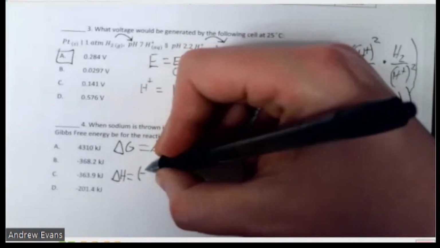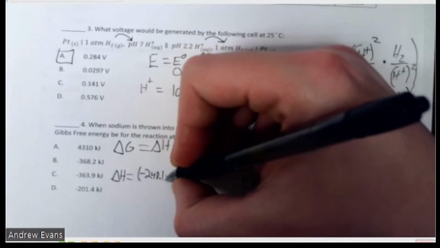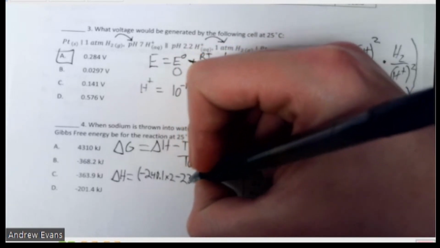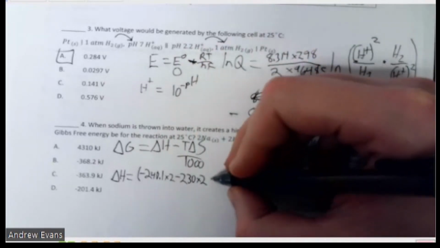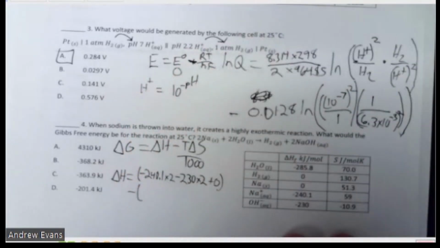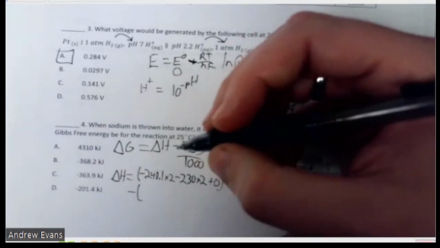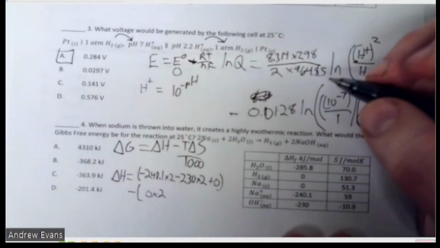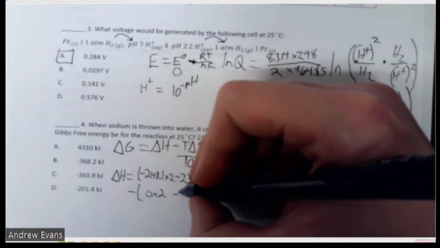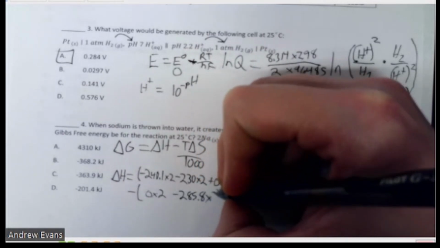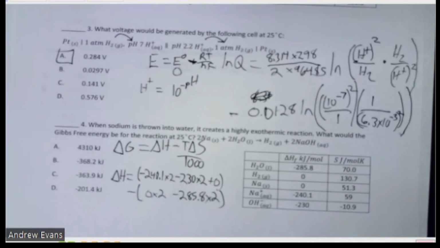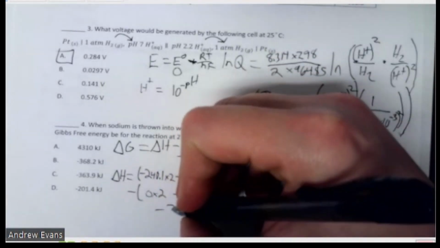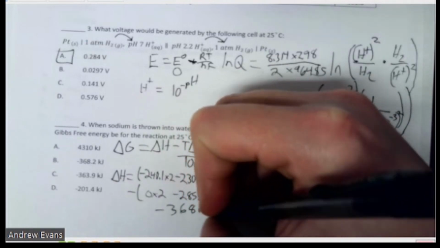So negative 240.1 times 2 minus 230 times 2 plus 0, minus the reactants, which is just sodium times 0 times 2, and water 285.8 times 2. So delta H is about negative 368.6.